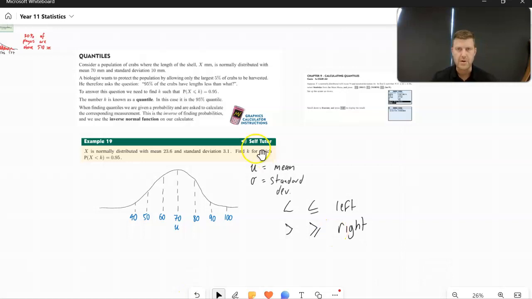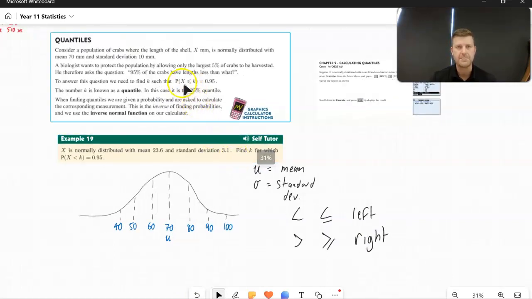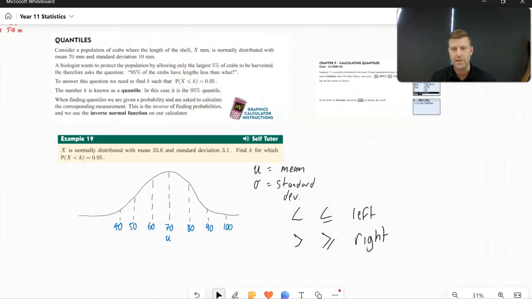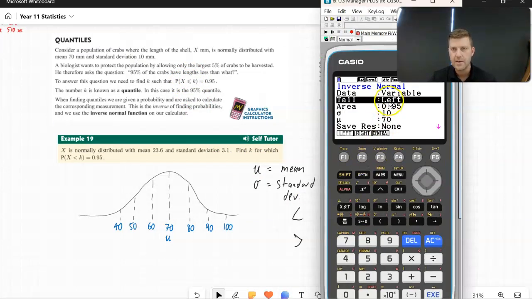Now, because I here have a less than or equal to sign, I'm going to be using a tail which is on the left, okay? So keep that as it is. If I need to change it to right, I can press F2, but like I said, I'm going to keep it as left. And then I just need to execute.